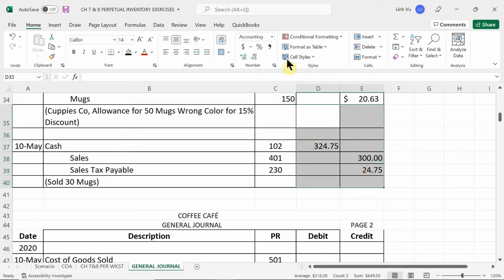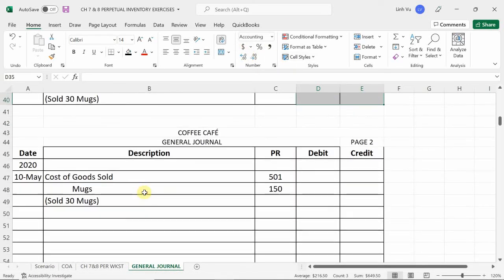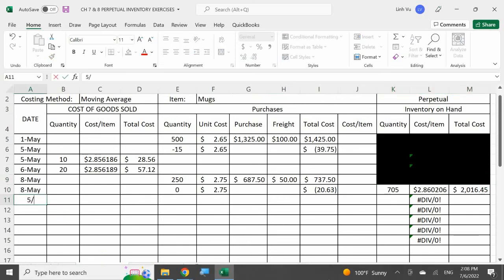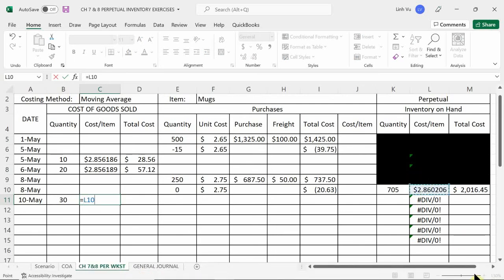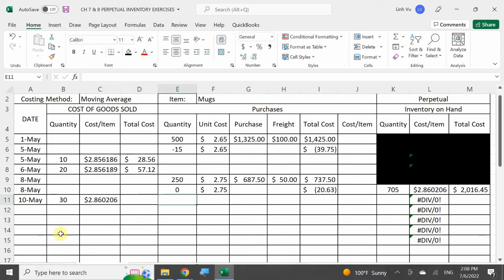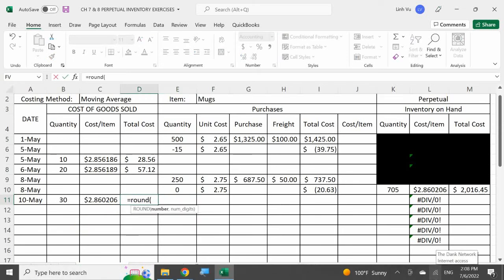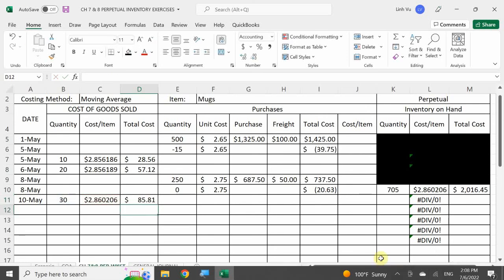Now I need to solve for my cost of goods sold again because I sold 30 mugs. Today is May 10. What is my current average cost per item right now? $2.8602. So that's going to give me a cost of goods sold of $85.81.